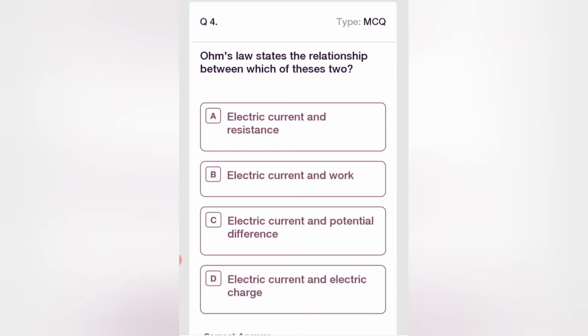No. Electric current and potential difference, V and I. Yes, correct. Electric current and electric charge. No. So option C is the correct answer, the relationship between voltage and current.